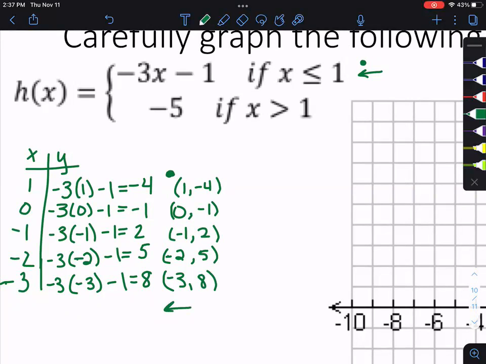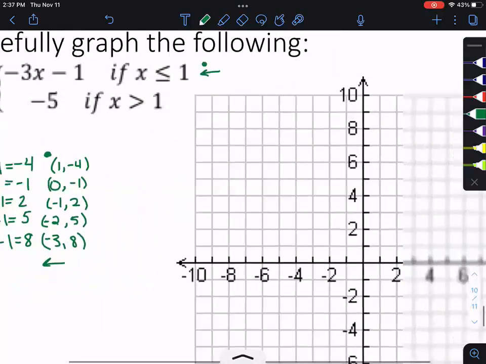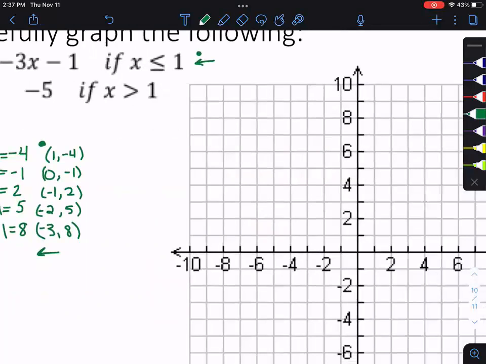So we're going to graph all of these, starting at 1, negative 4, and then connect them and leave our arrow going to the left.